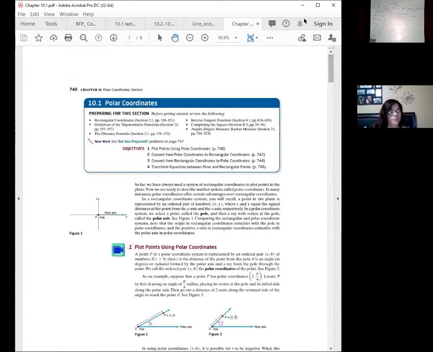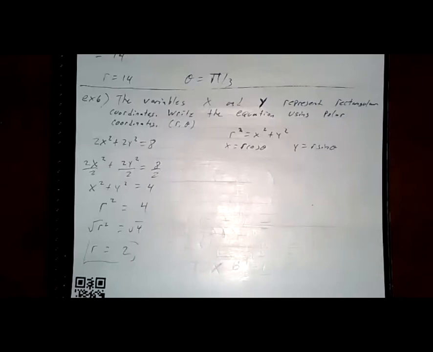Might be the next section. Anyway, you get what I'm saying though, right? You see why it would be a straight line when it's just theta? Here we go. Yeah, that's what we're going to see in 10.2. So we'll wait then. Let's do a couple more conversions. We'll save it for 10.2.